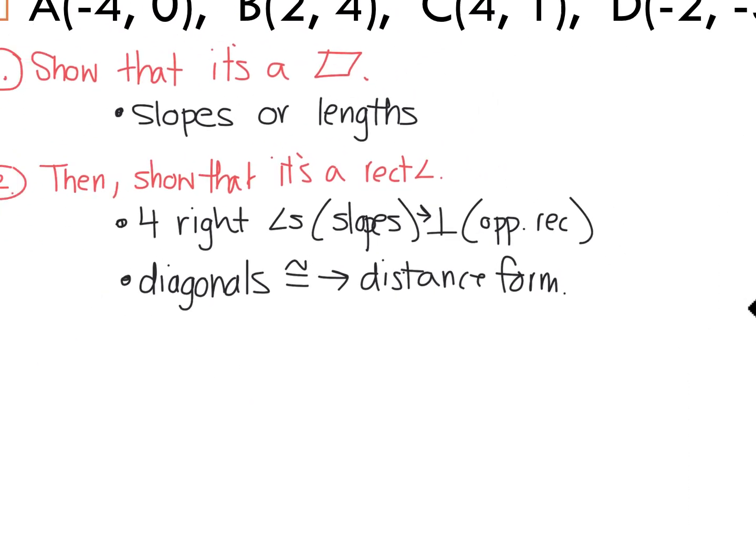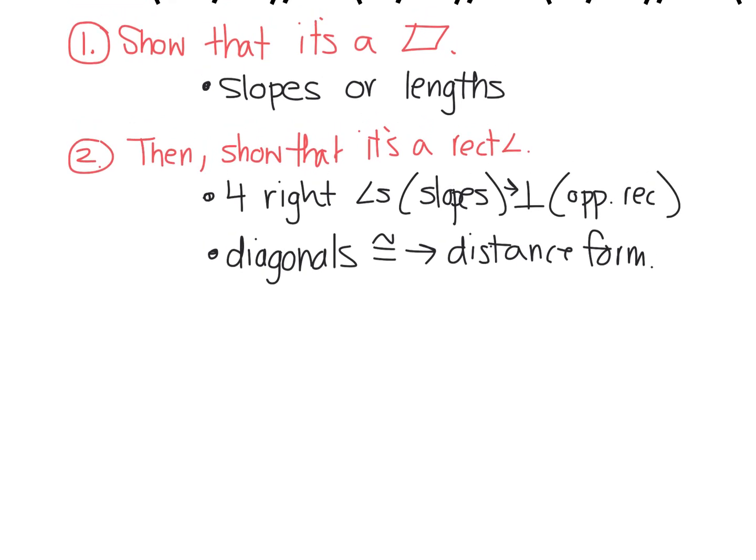Okay, so I'm going to do this one actually without graphing it. I like to just draw myself a little picture, a little diagram. I'm going to label it A, B, C, D, and the way I label it, I could start with A wherever I want, but now that I've put A there, I have to go in either a clockwise or counterclockwise direction to write my other vertices, right?